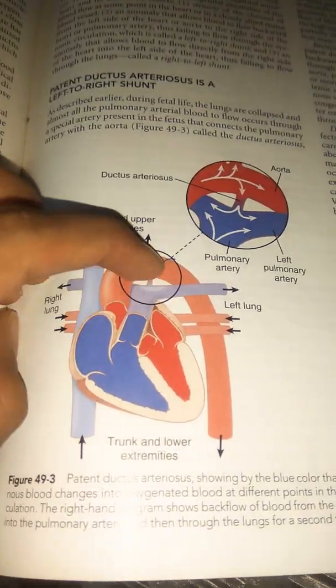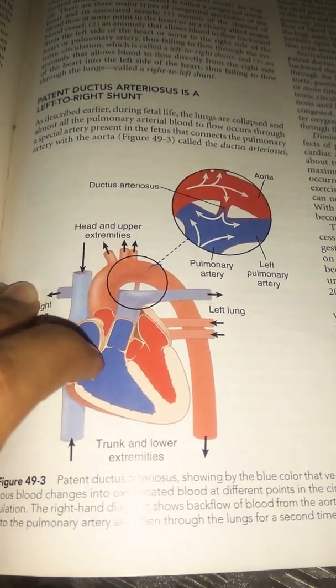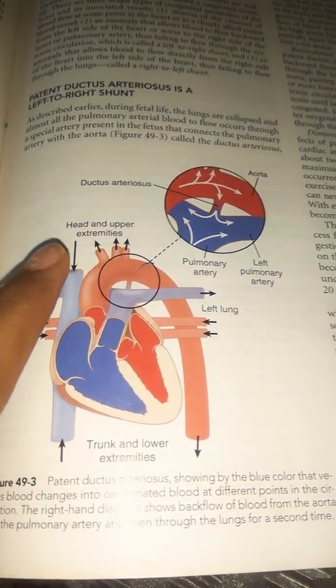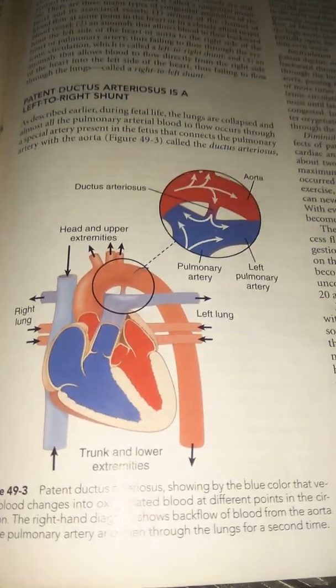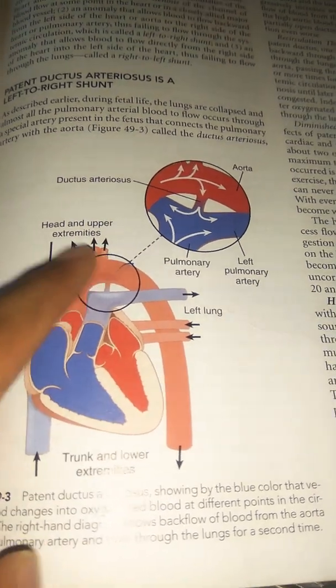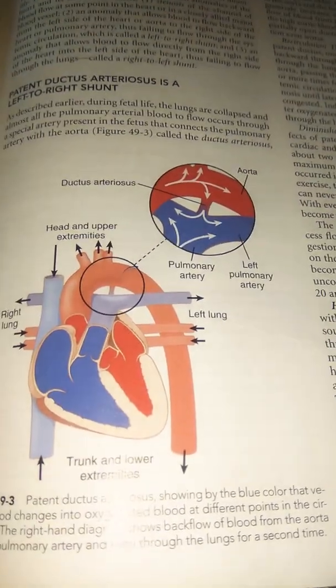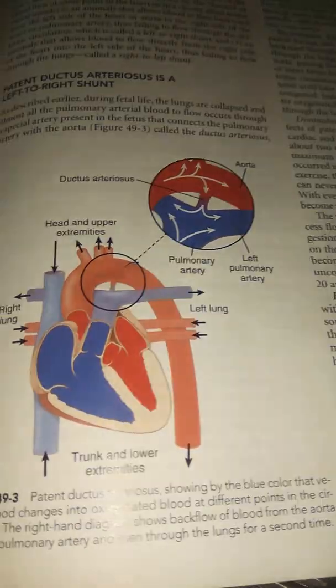Even though the oxygenated blood comes here and passes to the lungs, again from the lungs it comes back into the left atrium. Again from the left atrium it comes to the left ventricle, goes right, and comes back. So here there is no oxygenated blood going to our systemic circulation.